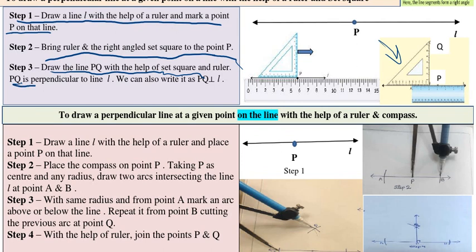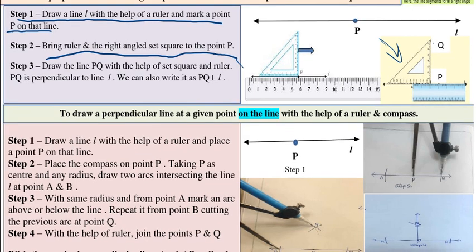So PQ is perpendicular to line L. We can also write it as PQ ⊥ L. Now you can see we have brought these together, so we simply draw one line here and that will be a perpendicular line. We can say that PQ is perpendicular to line L.